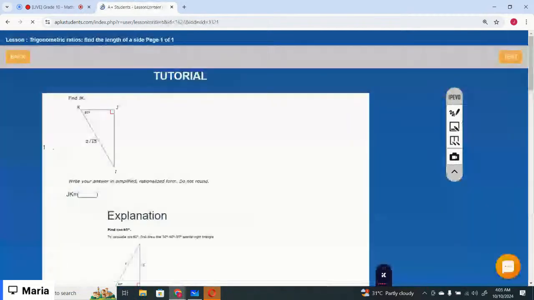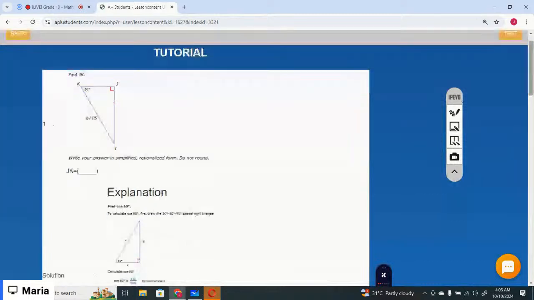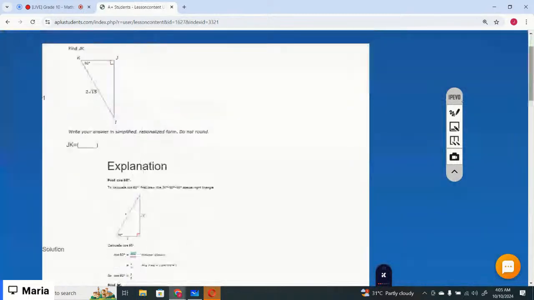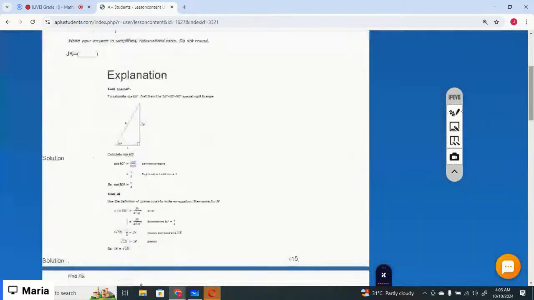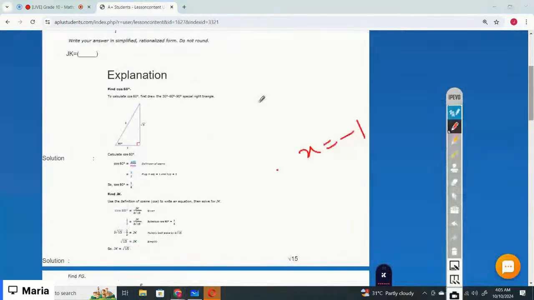Okay, find JK. So you have to evaluate cos of 60. Here you have 60 degrees. You need to evaluate cos of 60 degrees. So cos of 60 degrees equals adjacent divided by hypotenuse.